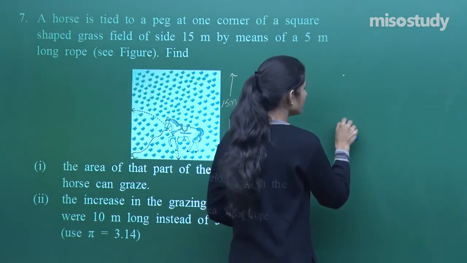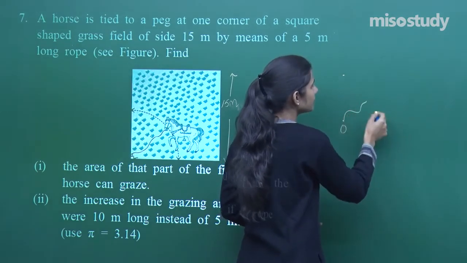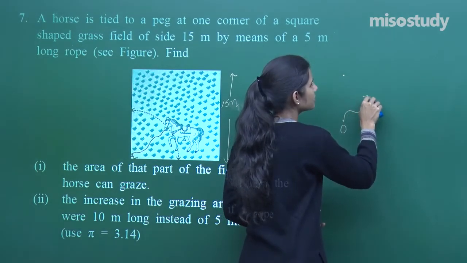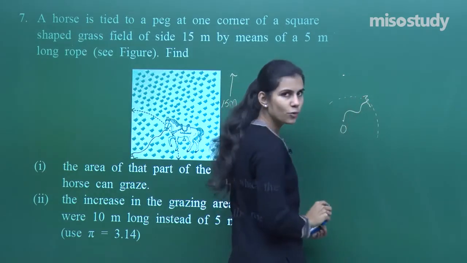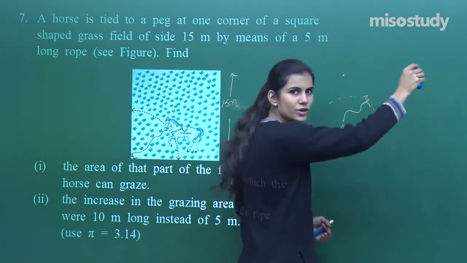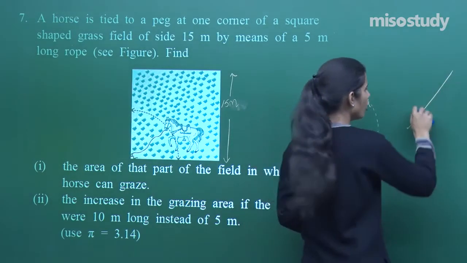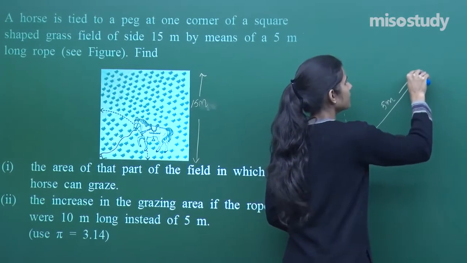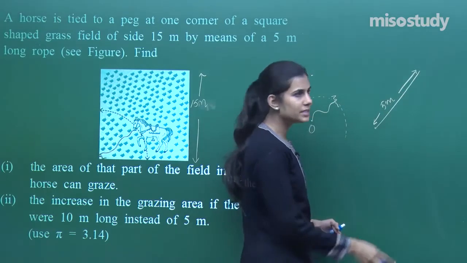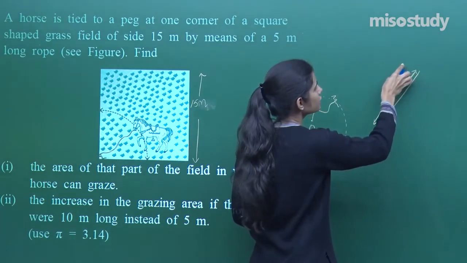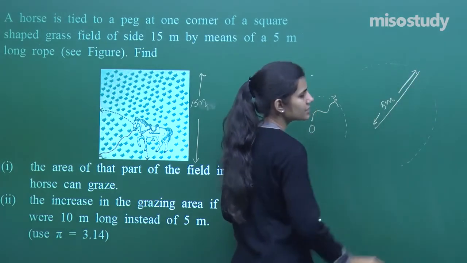So, in that situation, this is the rope. Right now, if it is like this and say this is the horse, it can graze in this portion. If it stretches it up to the max, it will be forming a straight line segment of 5 meter length, and in that situation the horse can graze in this much area.